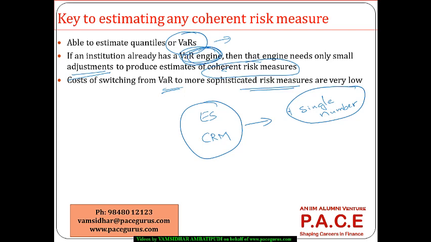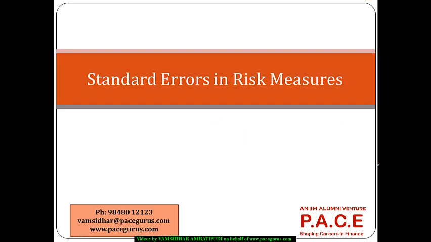All right. Now let's try to understand the standard errors that exist in the various risk measures. All the different risk measures that we have computed are based on the sample, some distribution which we have assumed about that particular data, and based on the sample we have computed the mean and the standard deviation, etc., and then computed the VaR.